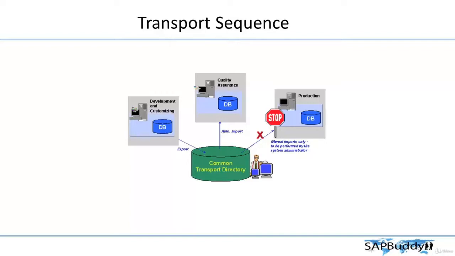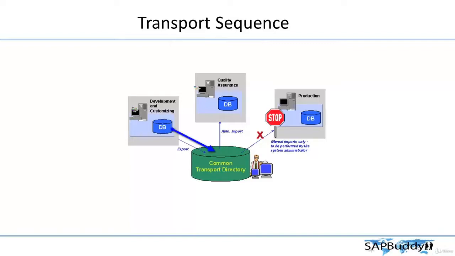Let's assume that we have a 3-system landscape: development system, quality system, and productive system. From the development system, once you finish some of your development activity, you need to export the relevant objects in a transportable format, as a transport request, to the common directory.